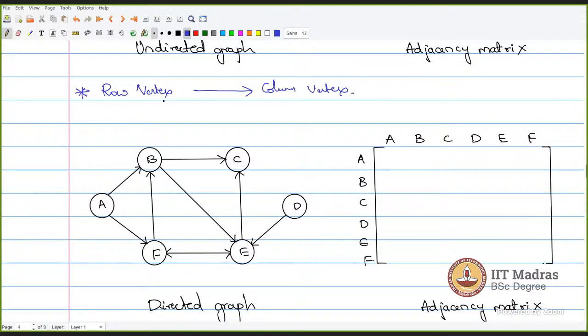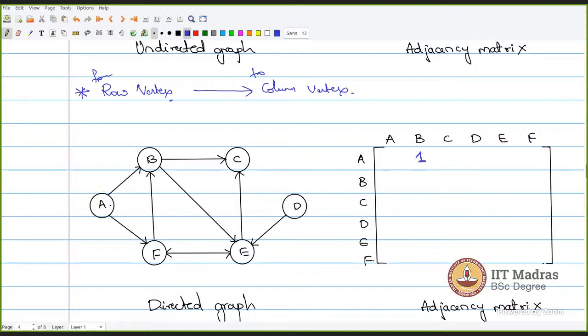So if there is an edge from A to B, then my entry will be 1 here. This 1 corresponds to there being an edge from this row vertex A to the column vertex B.